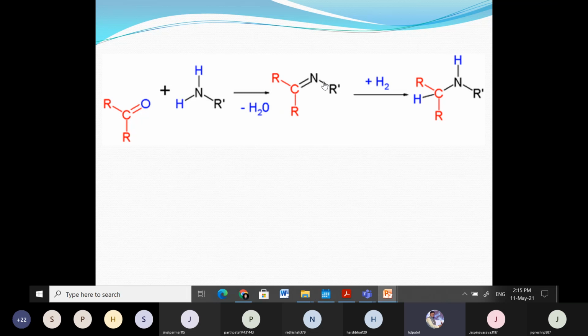Now from NaBH3CN, as we have discussed, the cyano group has a tendency to pull electrons, and that's why one H will be eliminated as H plus. That H plus will bind over here, and then the second H will be eliminated as H minus, and the second H will bind over here, and we will get the product.